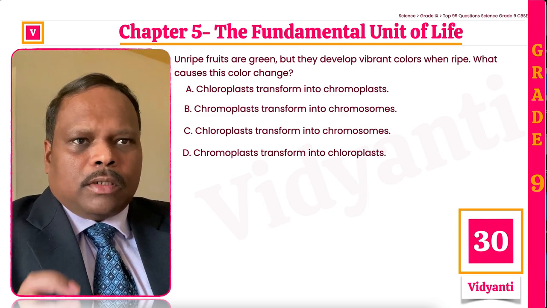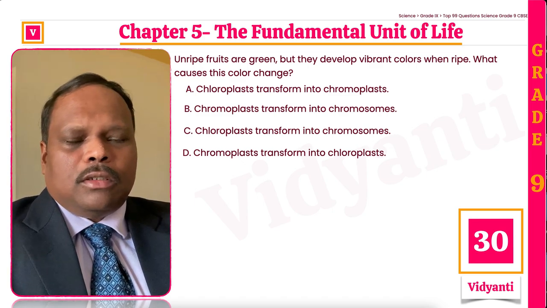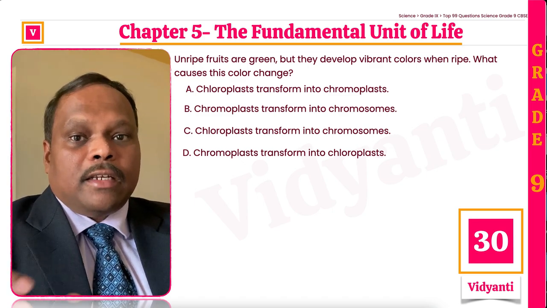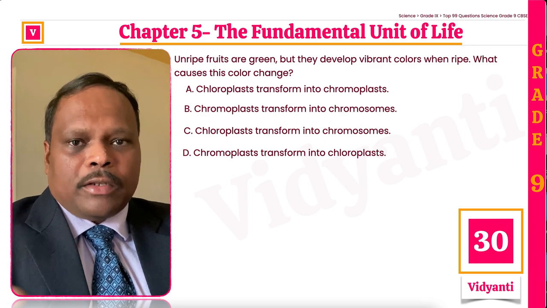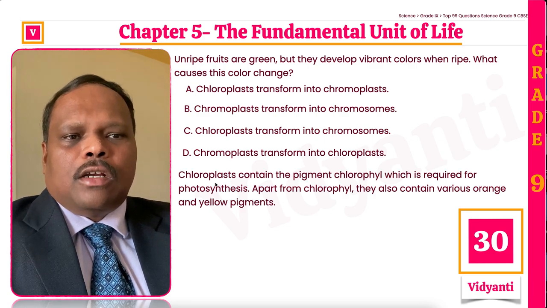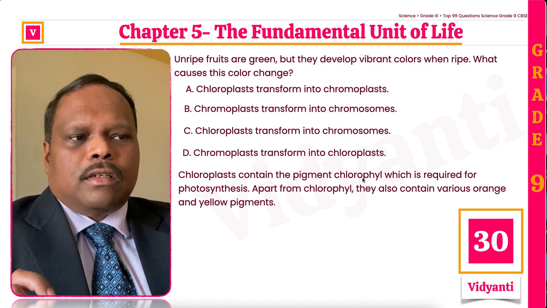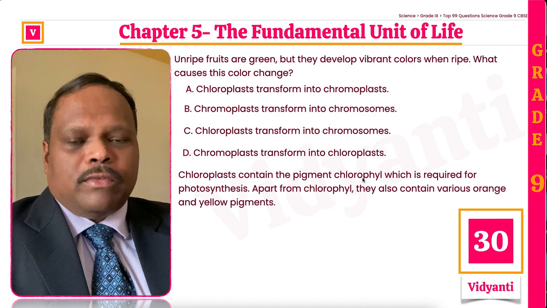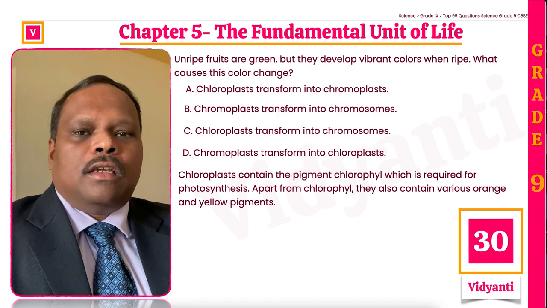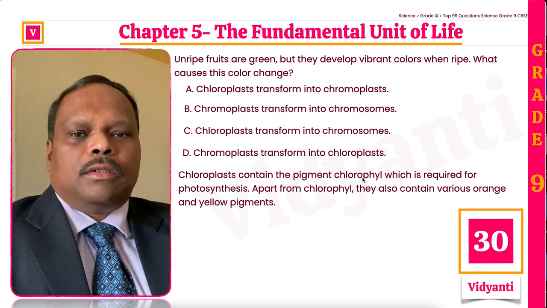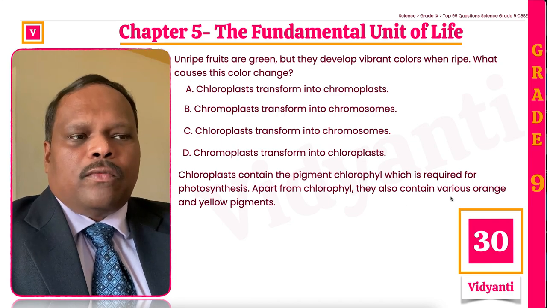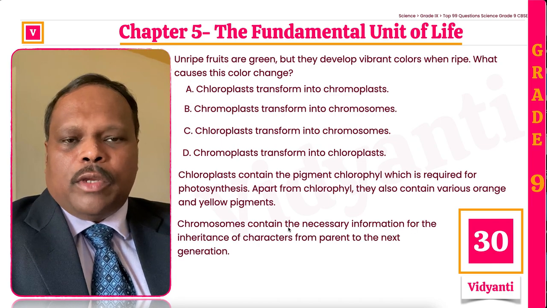Unripe fruits are green, but they develop vibrant colors. So some reaction is going to happen, and that is responsible for the color change. Let's see, chloroplasts contain the pigment chlorophyll. This is required for photosynthesis, which is like in sunlight they absorb nutrients and convert them into food. Apart from chlorophyll, they also contain various orange and yellow pigments.